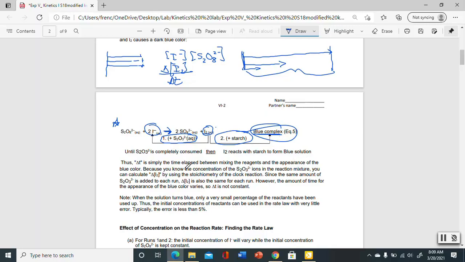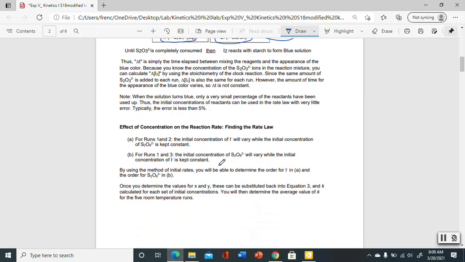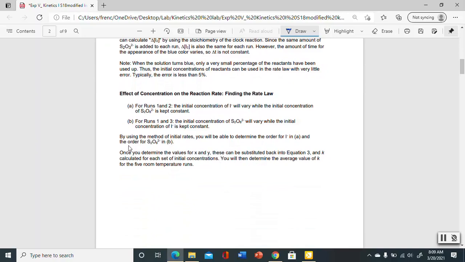Hopefully you will remember how to actually figure out your rate law. Remember again, you're going to be having the concentration of iodide, and the concentration of persulfate, and a rate, which you're going to find from delta I2 over the change in time.